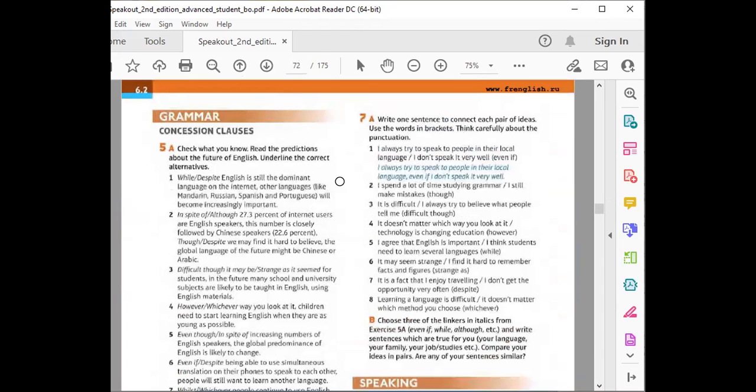Here you can find exercise 7A, where I want you to write the sentences to connect each pair of ideas. You can use the words in brackets and think carefully about the punctuation. What is punctuation? Like the commas, the dots, the full stops. Go ahead. You have 8 sentences. And if we have enough time after this, we can have the speaking and finish up today. Go ahead, please.